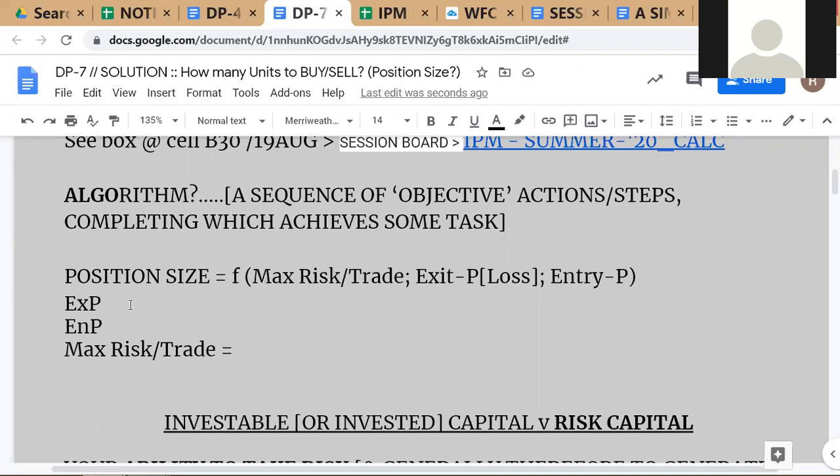This is determined by the DP4 algorithms, by the 6.2 decision problem rules.